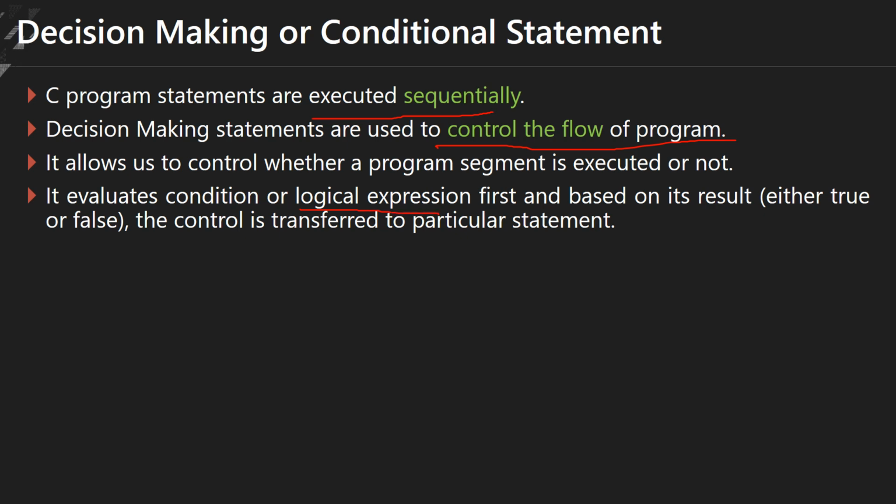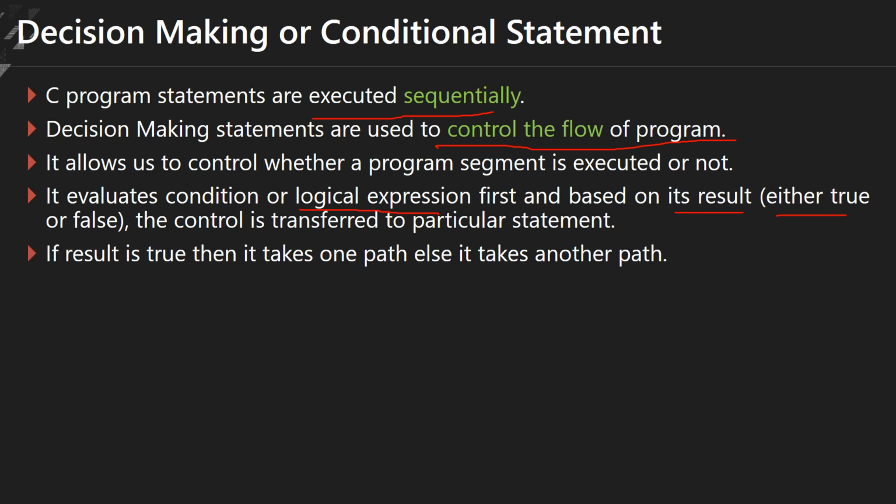Based on the result, either true or false, the control is transferred to a particular statement. If the result is true, it takes one path, else it takes another path. So the decision is controlled by the program based on the conditional statement.